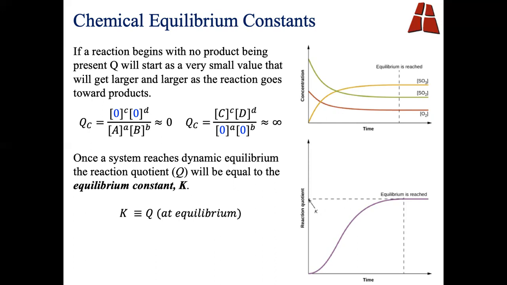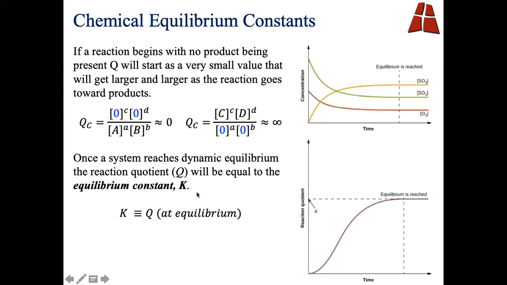And so once a system does reach dynamic equilibrium, the reaction quotient will then be equal to K. And uppercase K is our equilibrium constant. This can be a confusing unit sometimes just because we have uppercase K when it comes to equilibrium, whereas we've just been talking about lowercase k to represent a rate constant for kinetics.